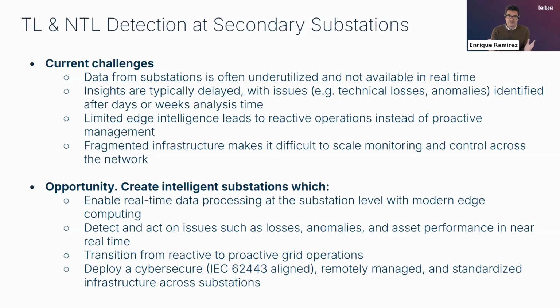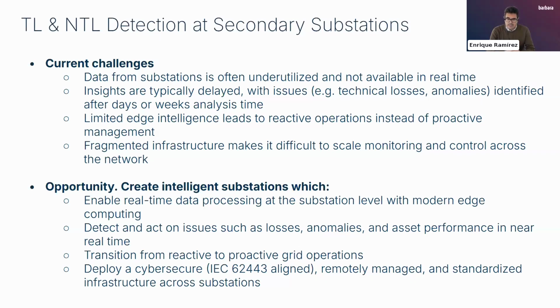What is happening in those situations? Here I have a slide that shows the current challenges in this use case. Think about it: we normally have a lot of secondary substations deployed all over the country, in the field, and normally this data is not available in real time, so it is often underutilized.